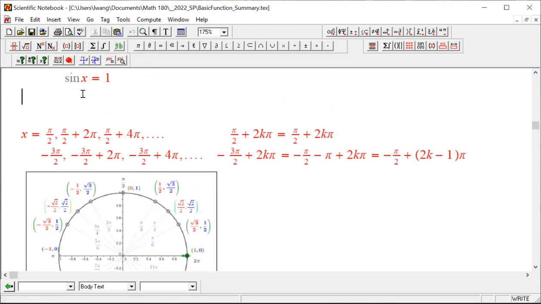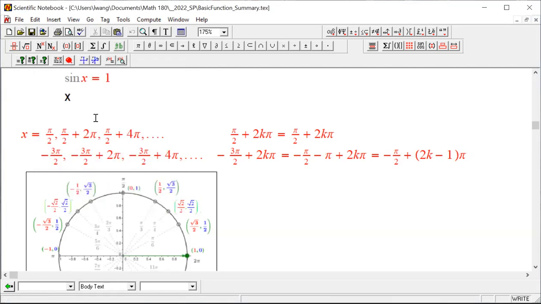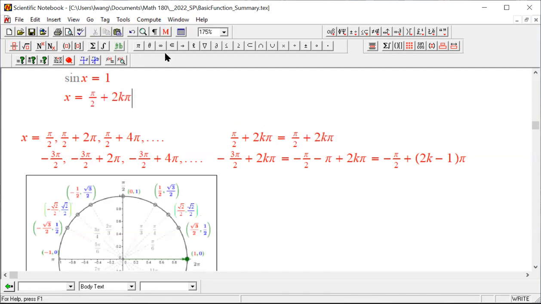We say, if this is true, then x is going to equal pi over 2 plus 2k pi, or x equals, let's take this one, simpler.